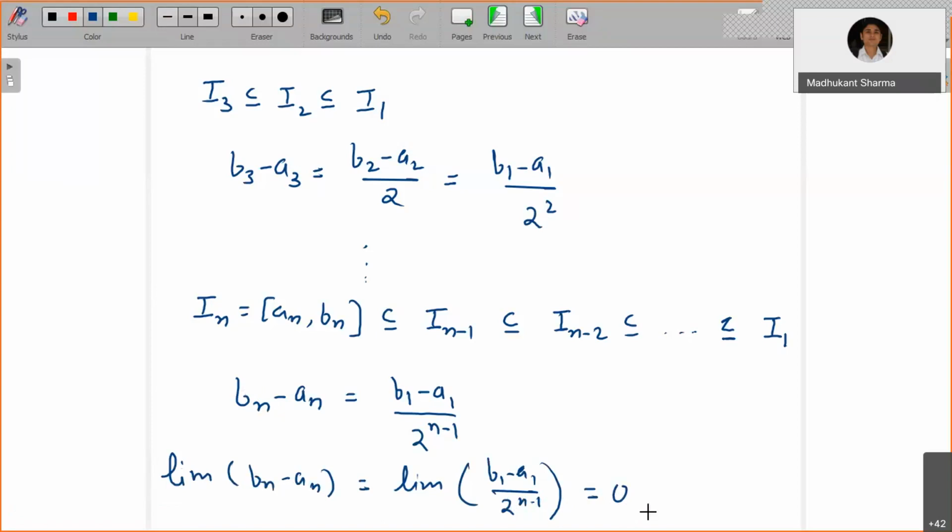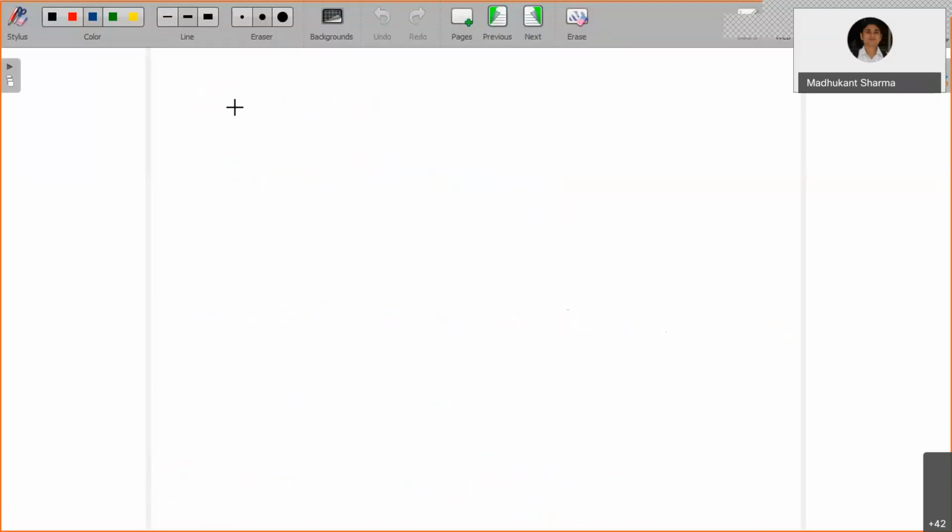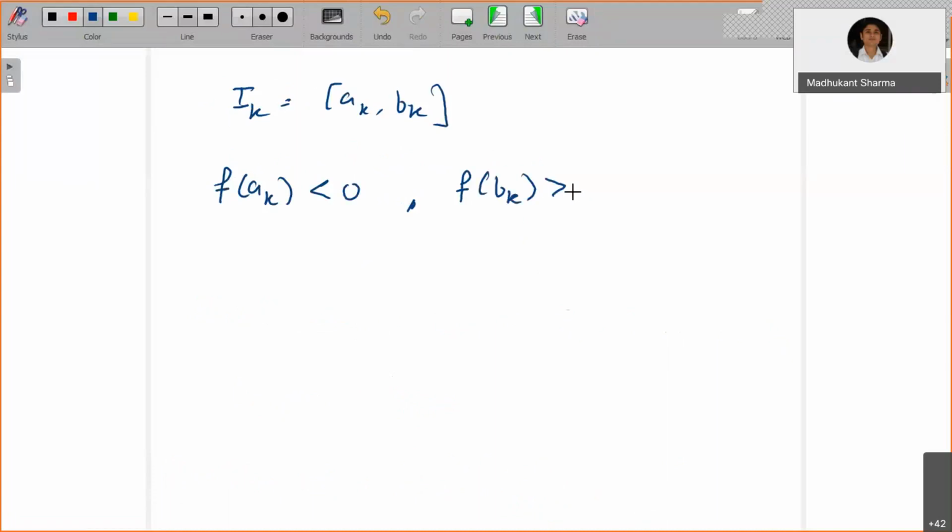Okay, what more you observe is, if you look at any interval Ik, that is [ak, bk], then if you look at the properties, f of ak is less than 0 and f of bk is greater than 0.